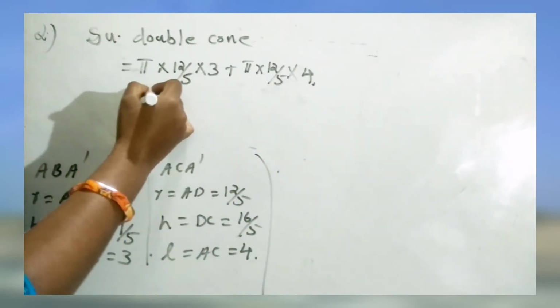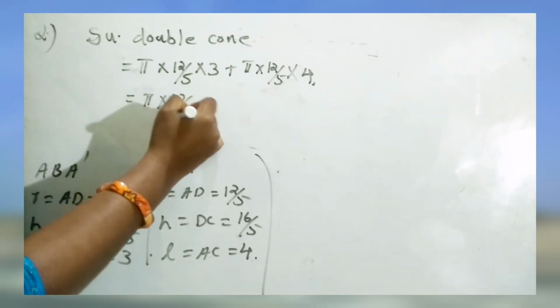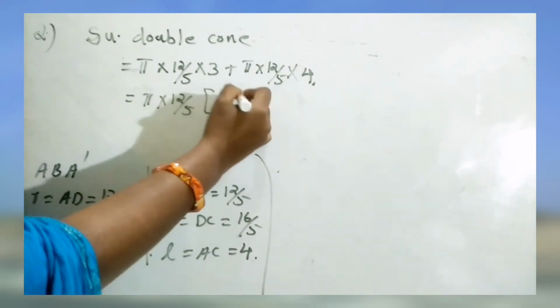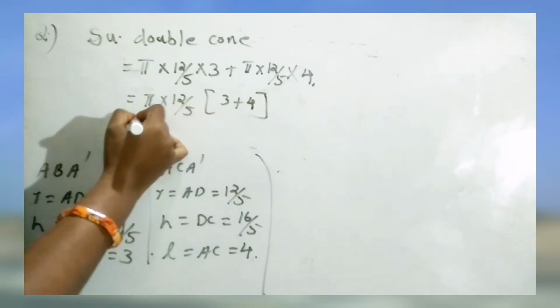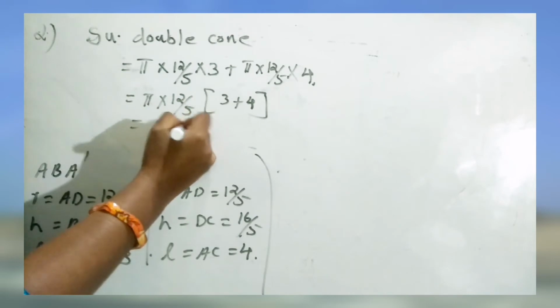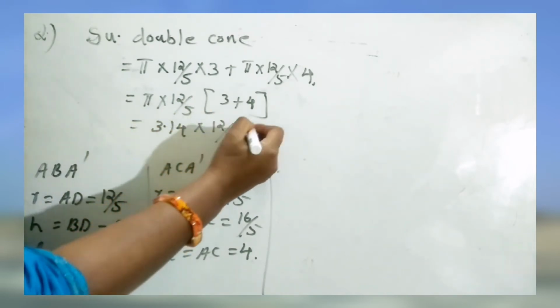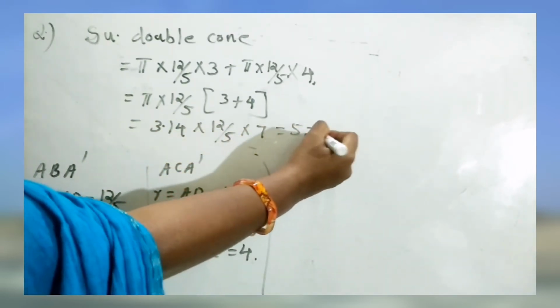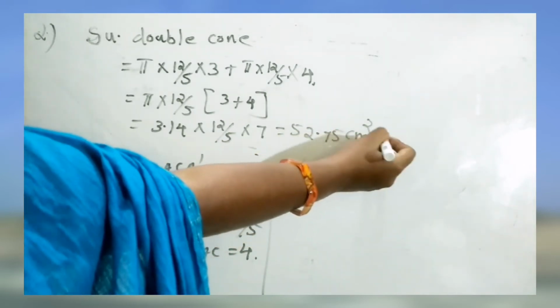This is equal to pi into 12 by 5 into 3 plus 4. Substituting pi as 3.14, 3.14 into 12 by 5 into 7 is equal to 52.75 centimeter square.